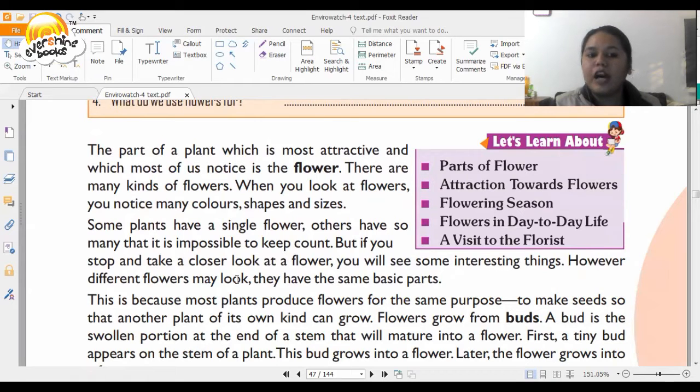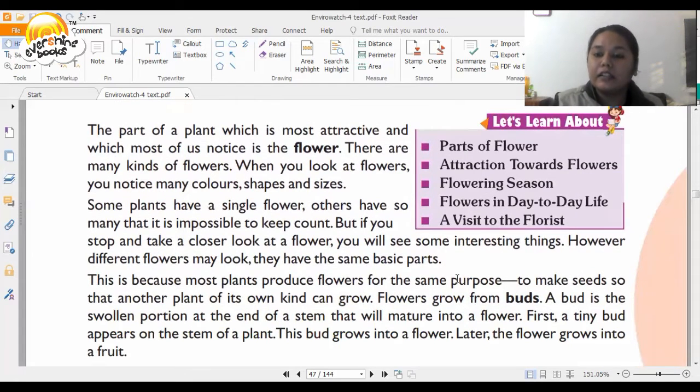However different flowers may look, they have some basic parts. Like we all human beings, we are different in terms of our appearance, but we all have some common parts. Like all of us have eyes, ears, stomach, hands, legs, right?